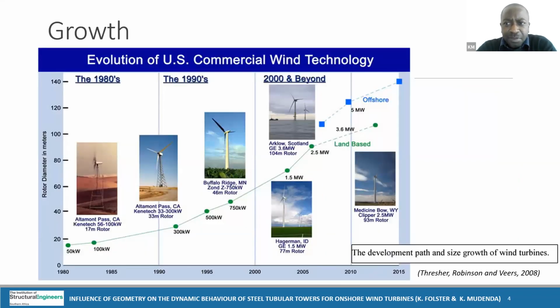As far as the growth of wind technology is concerned, if we trace the growth from about the 80s, the rated output has grown from about 50 kilowatts to, at the time that this publication was released in 2008, a rated output of 2.5 megawatts. On the left-hand side, you'll see the rotor diameter that's given in meters.